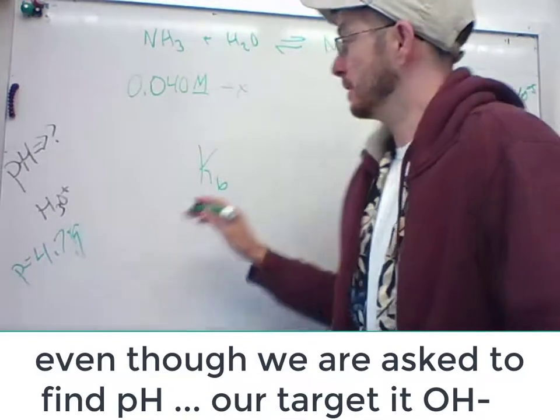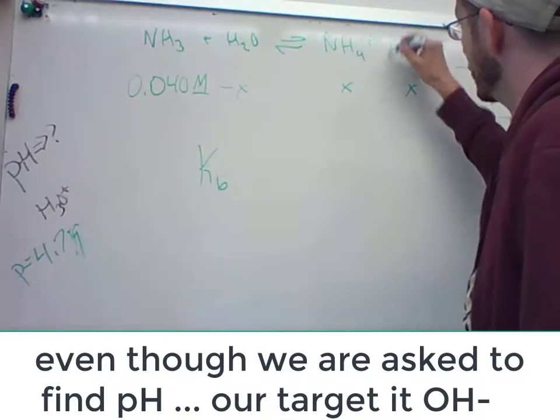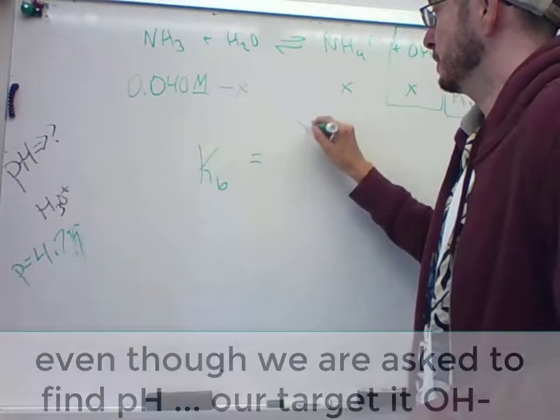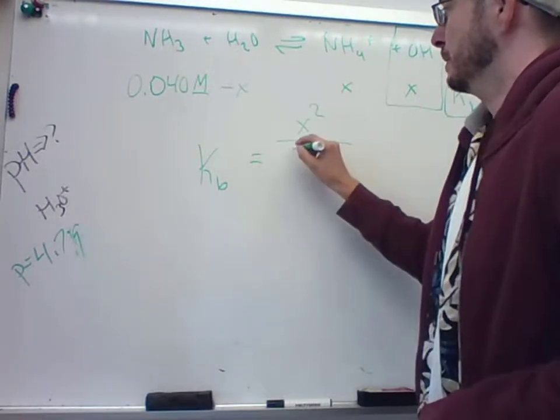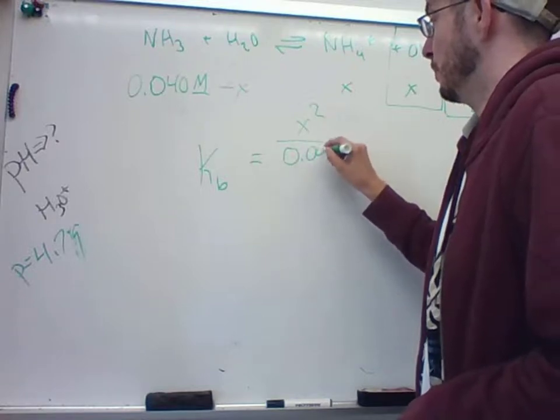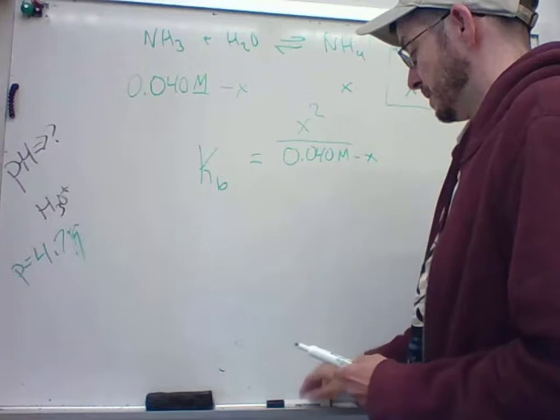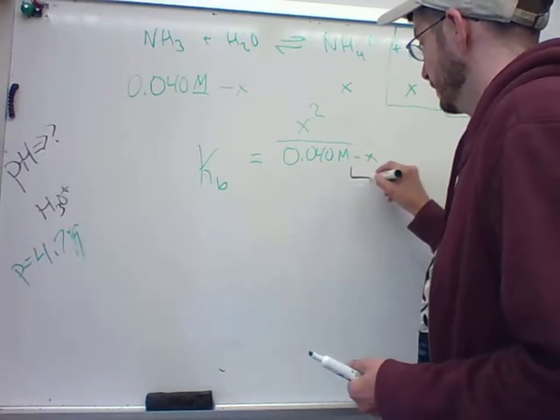Now the difference here is that we are looking for hydroxide ion. Kb is equal to x squared over 0.040 molar minus x. And then the assumption is that x will be small.